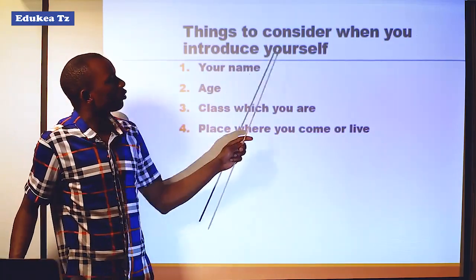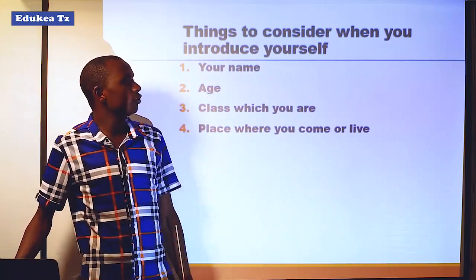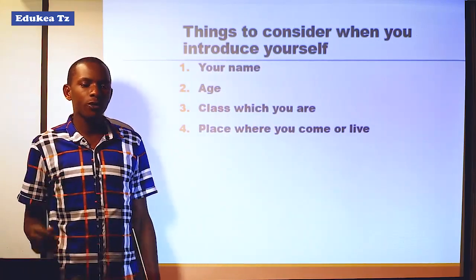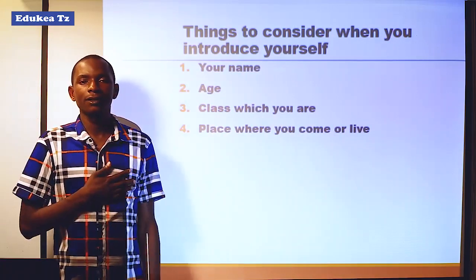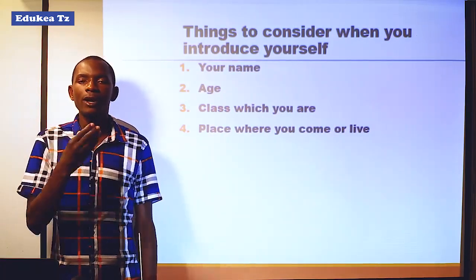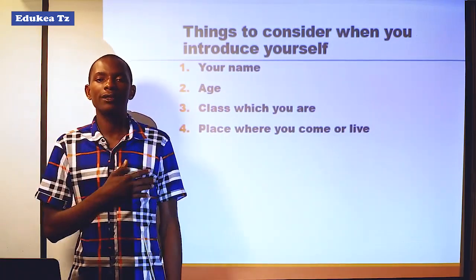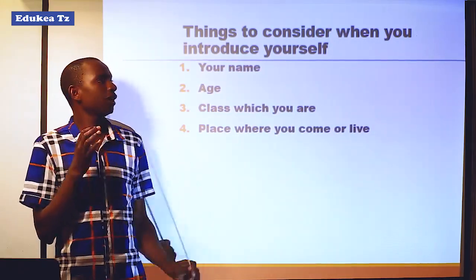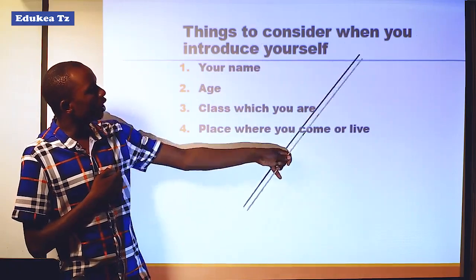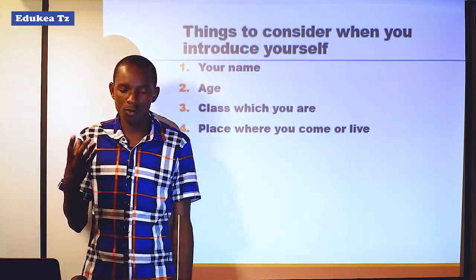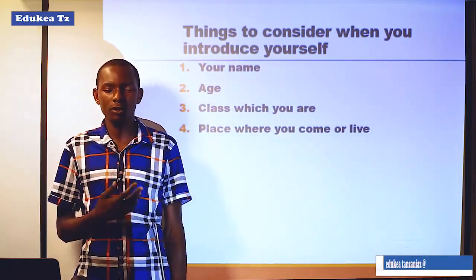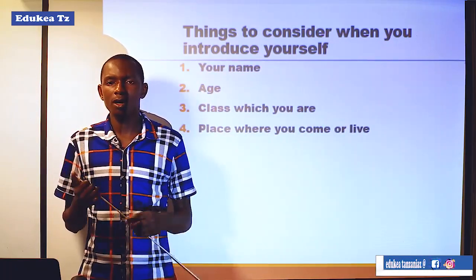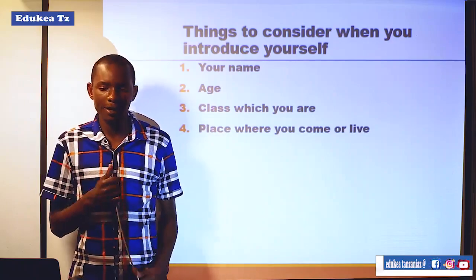Things to consider when you introduce yourself. If you got a golden chance to introduce yourself, what are the things you are supposed to consider? If you want to introduce yourself, you are supposed to consider the following things.